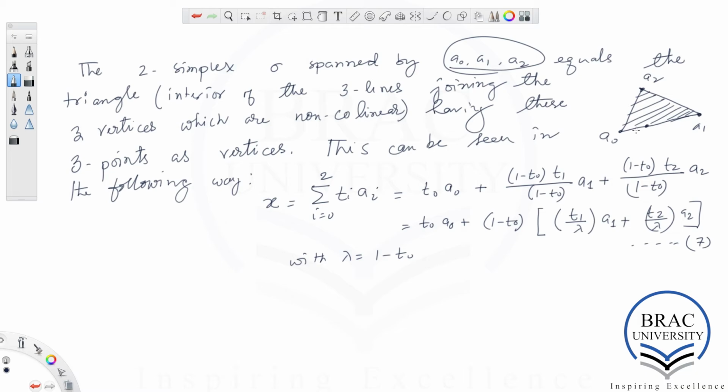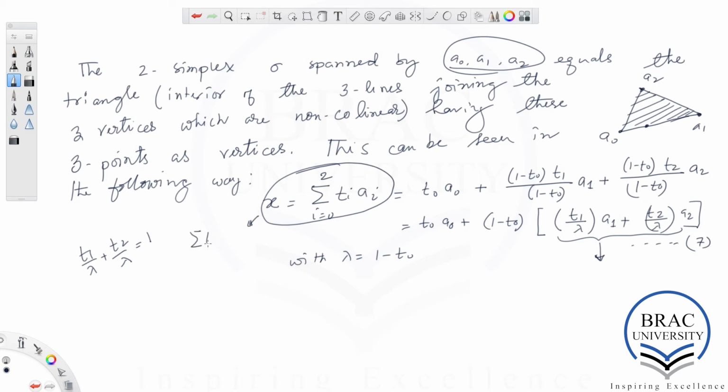lying in the line segment joining these 2 points A0 and A1 is given by this expression, right? It is the case because t1 over lambda plus t2 over lambda is equal to 1, right? Because from the equation of the simplex we know that there is another constraint, and what was that constraint?